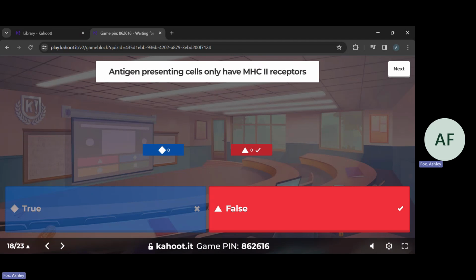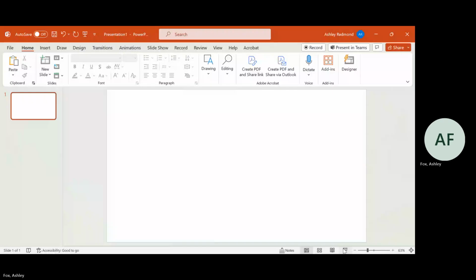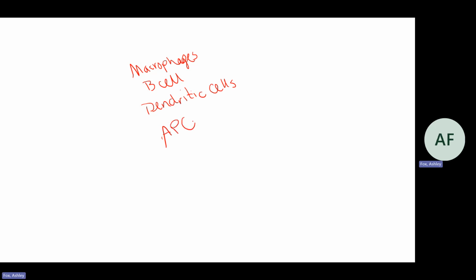So this is false. Remember that we have macrophages, B cells, and dendritic cells. These are your antigen presenting cells.